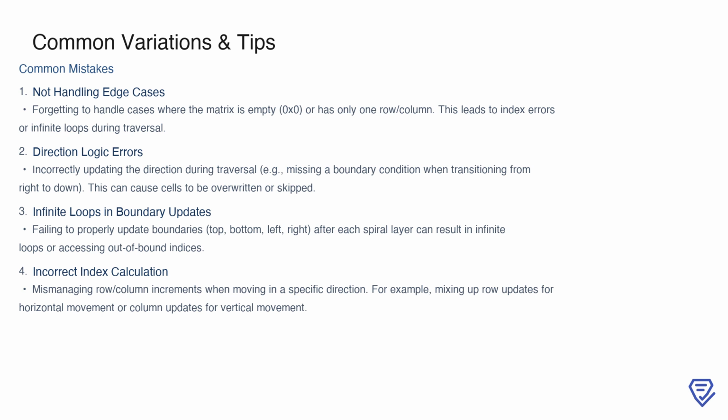Similarly, failing to correctly update boundaries after completing each spiral layer can cause infinite loops or attempts to access out-of-bound indices. Lastly, incorrect index calculations are another source of trouble. For example, mixing up row and column increments while moving in a particular direction can lead to skipped or overwritten cells, which ultimately breaks the solution.